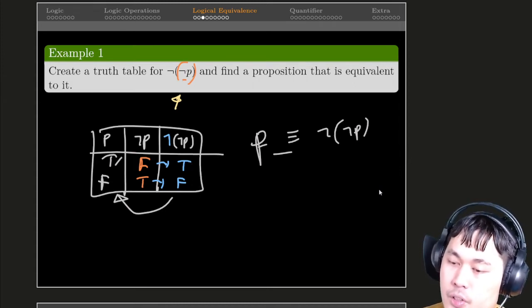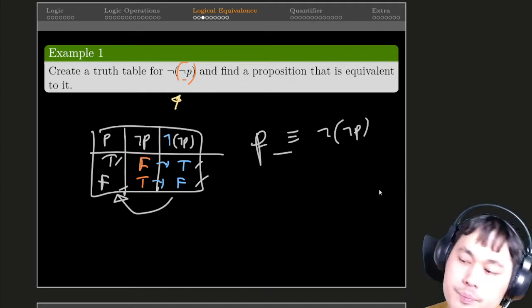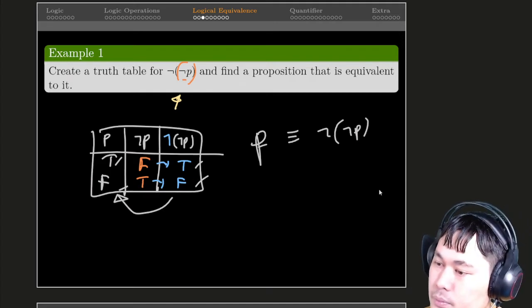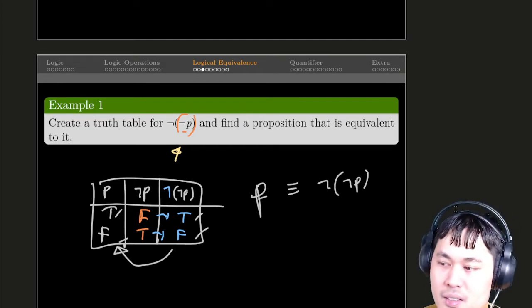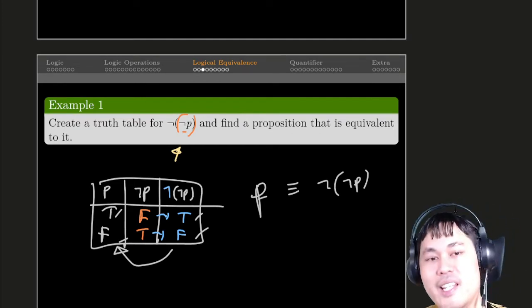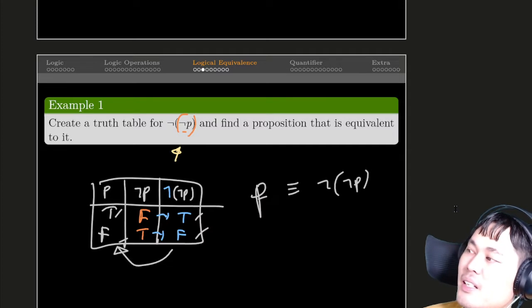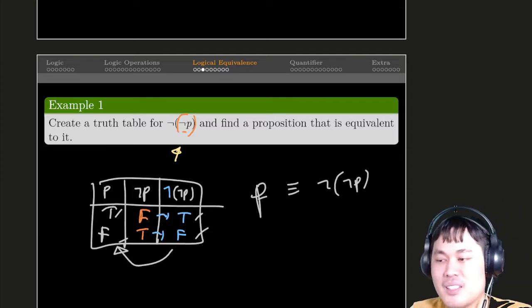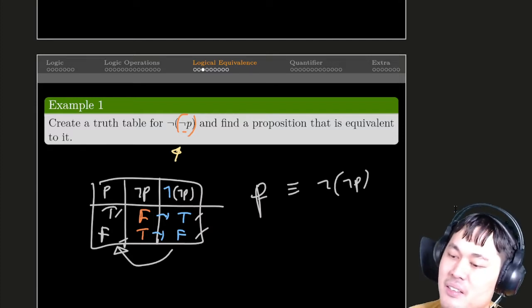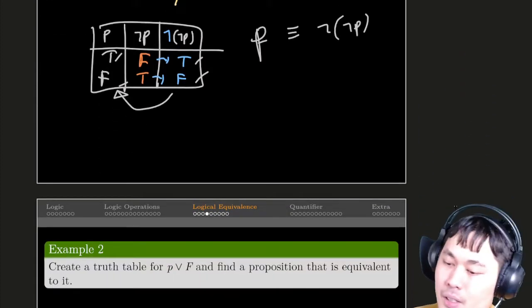Like this row matches, this row matches, so they are the same. And this is what we use in English as well, because if I don't want to not do it, it means I want to do it.